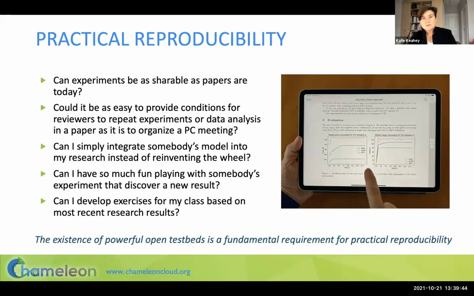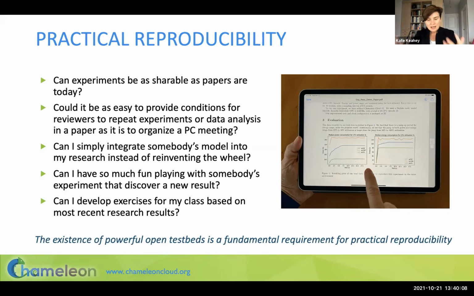So the last bit of our talk is, what we're trying to do is bolster that sharing aspect, right? And make it easier for our users to reuse each other's code and rerun each other's experiments. And in particular, you can think about it as a goal: can we share experiments as easily as we share papers today?